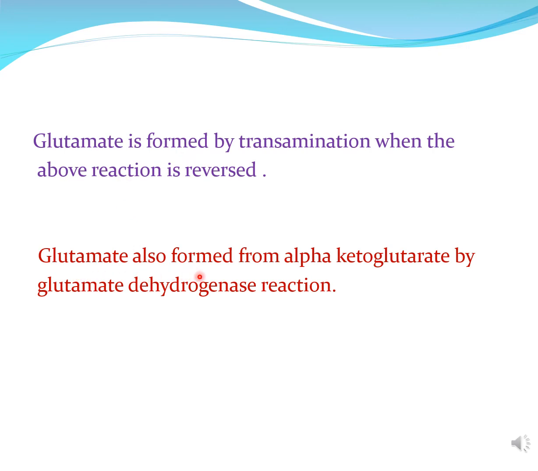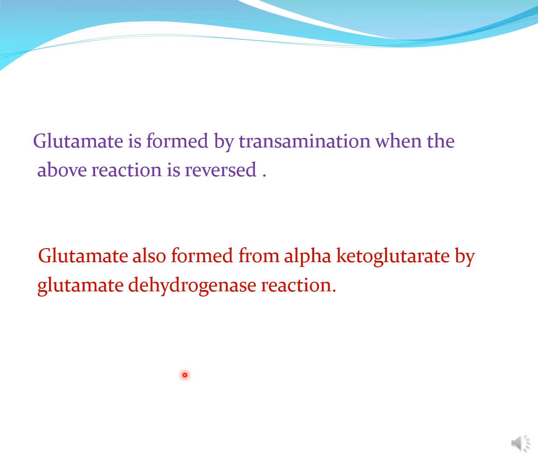Also, glutamate can be synthesized from alpha-ketoglutarate by the reverse of oxidative deamination carried out by glutamate dehydrogenase, in a synthetic pathway that requires NADPH rather than NADH as a coenzyme.